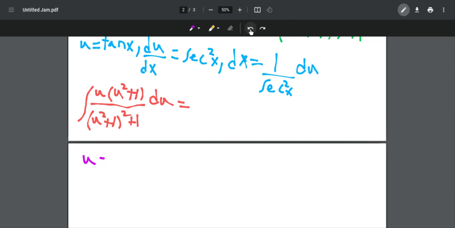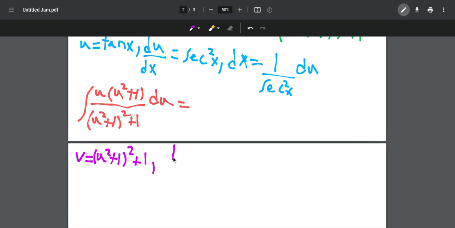I'm not going to use u because we have already done one substitution in terms of u, so I'll use another variable. I let v be equal to u squared plus 1, then squared, and then plus 1.